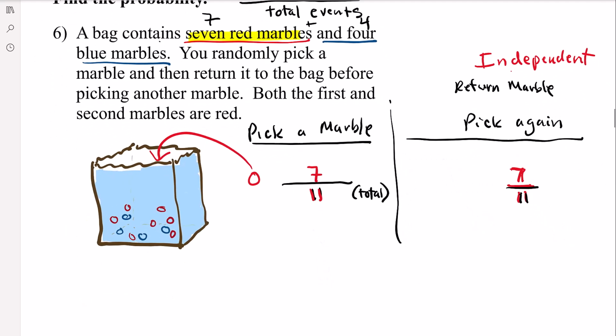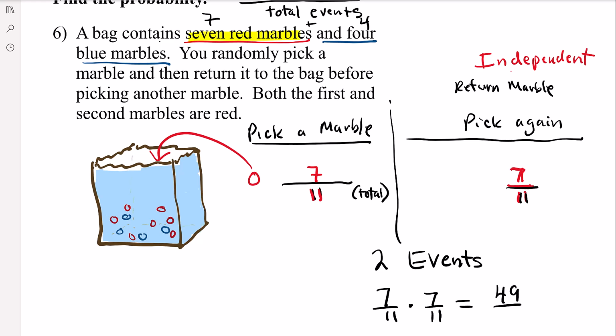Now, because we're finding the probability of 2 events, this is important. When you're finding 2 events, it's the probability of the first times the probability of the second. So if we want to know the probability of both the first and the second marble being red, it's 49 out of 121.